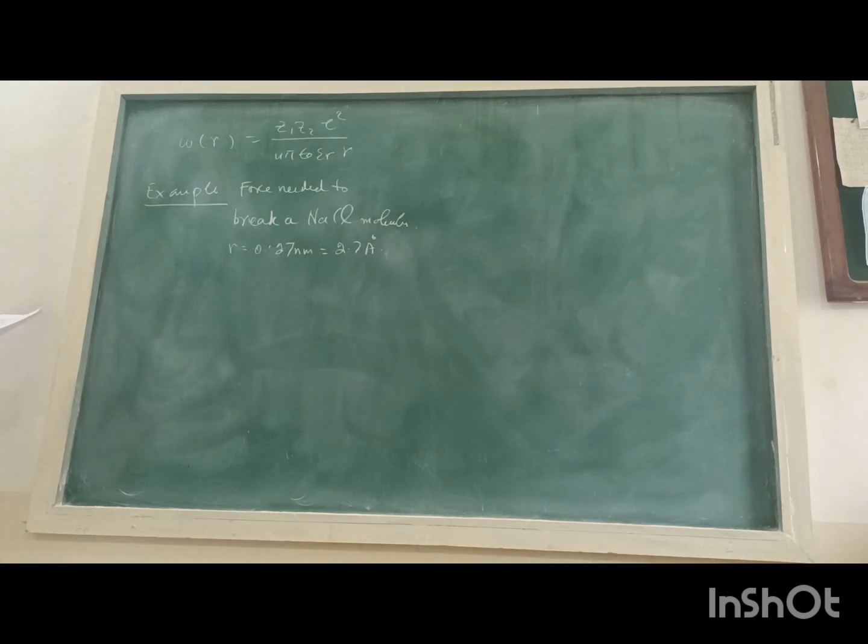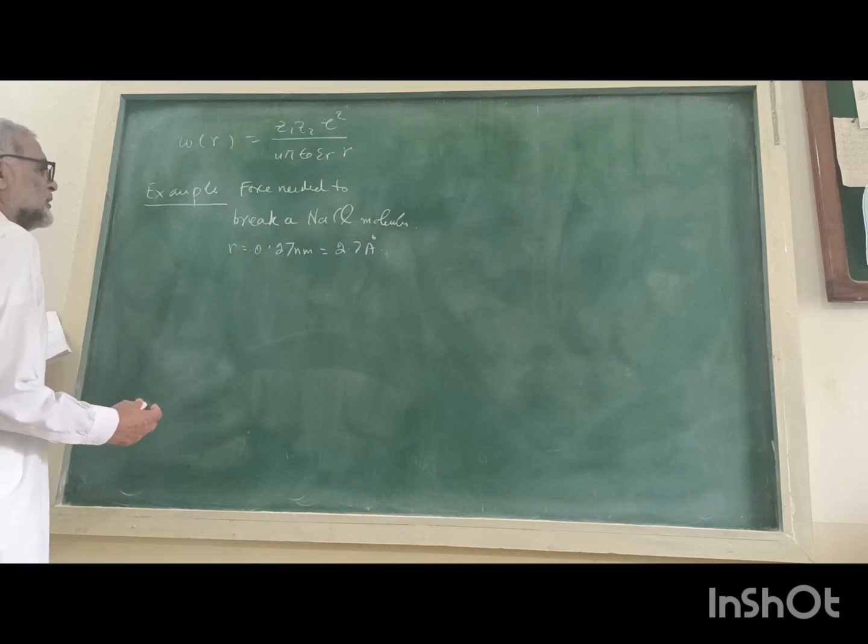That is the separation, the bond length between a sodium ion and a chlorine ion, right? The sodium will transfer its electron to chlorine because chlorine is more electronegative and will attract the electron.